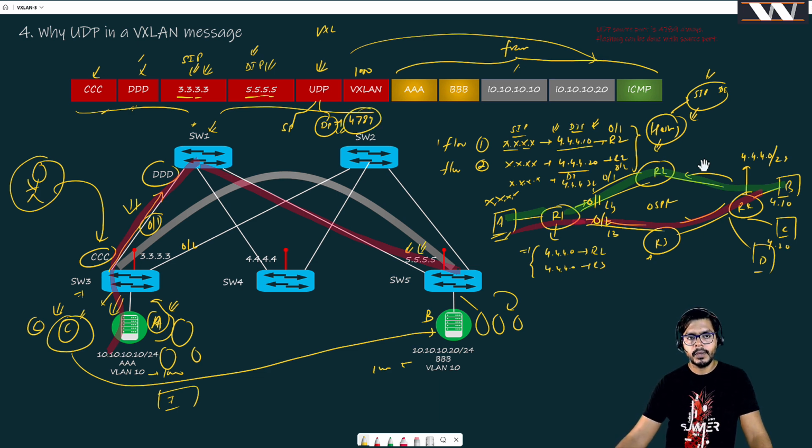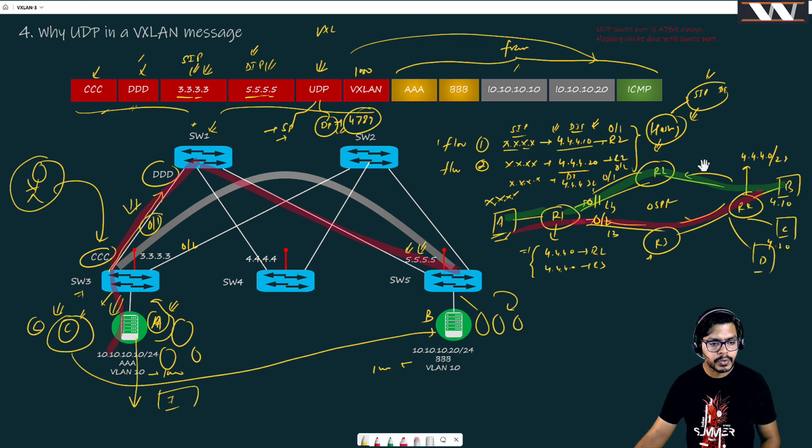Source port can be anything. Very interesting, right? If the packet is coming from host A, the source port can be 1123, any number. If the packet is coming from host C, the source port can be 2222.